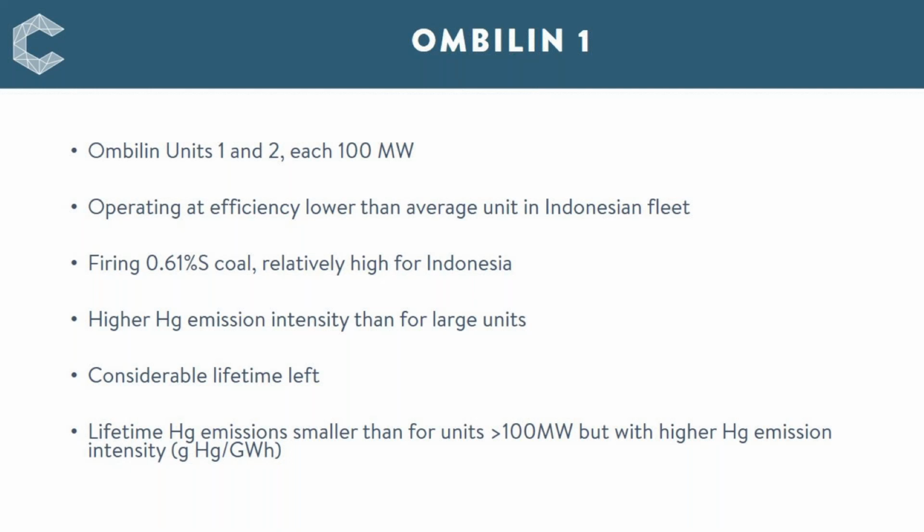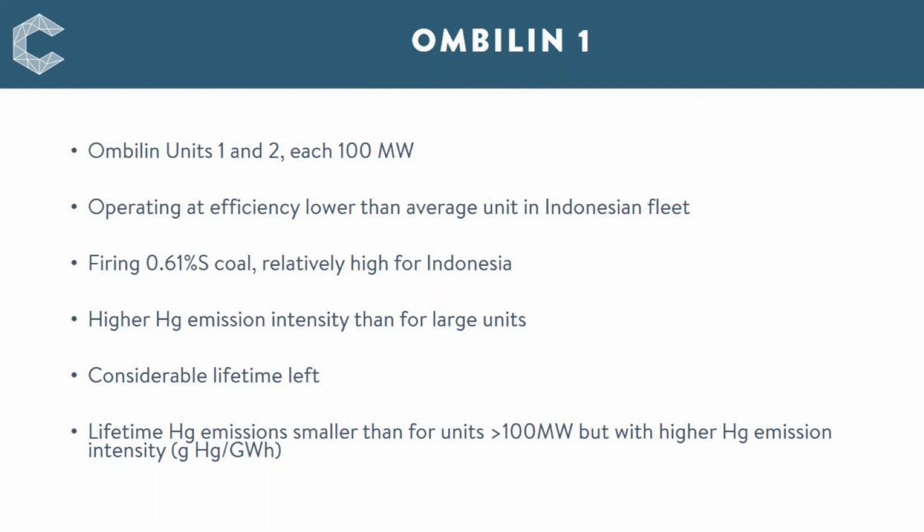So a few words about Embilin 1. There are 2 units, unit 1 and 2. Each one is 100 megawatt. They operate at lower operating efficiency than average for the Indonesian fleet. So clearly they're a little bit out of line. Firing 0.6% sulfur coal is not too bad, but still it's relatively high for Indonesia, which is generally blessed with low sulfur coals.